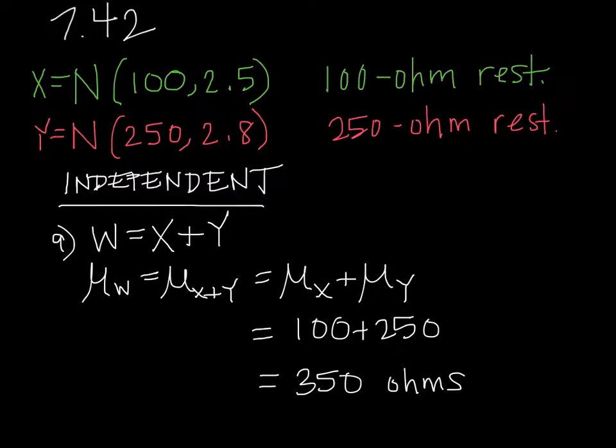So I'm going to move on to my next slide, but I'm not done with problem A, because to find the distribution, I need to also find the standard deviation.